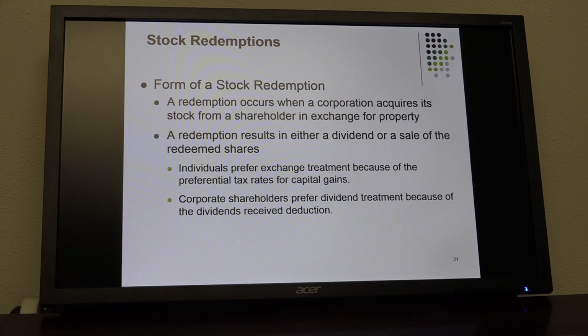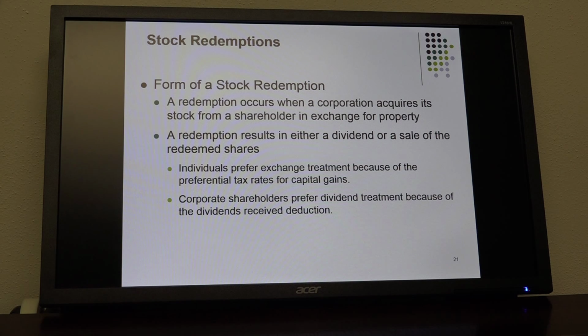And so they have an example in the book where they redeem $100 to a shareholder. Very simple example. And the basis is $60. They end up with a $40 gain. Whereas if that's characterized as a dividend, you have to consider the whole amount.